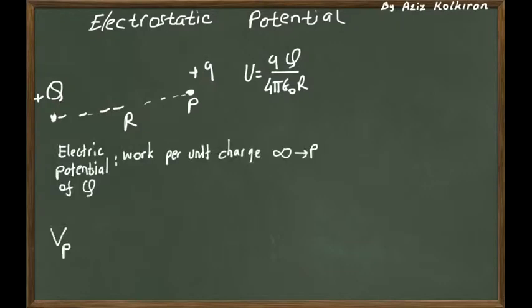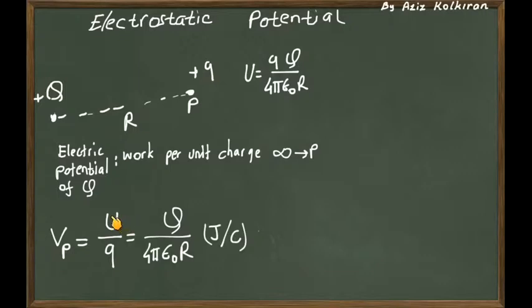It is just this U divided by q, because instead of q I use 1, just 1 coulomb. And this is the definition of electrostatic potential by this charge Q at a point P, which is located a distance of r away from it. The electrostatic potential of this charge Q at this point P can be expressed in terms of the charge and the distance between these points.